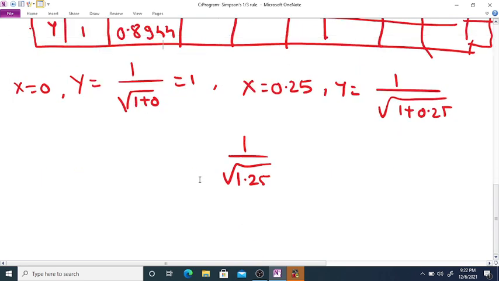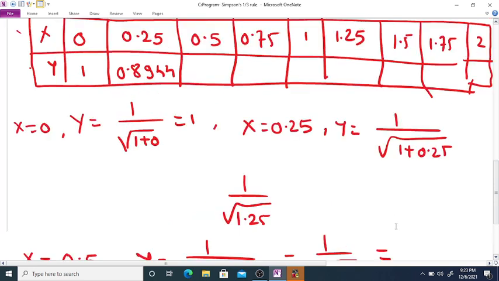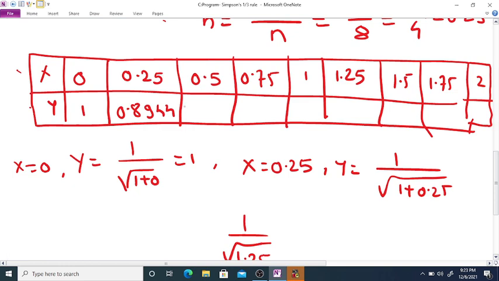Similarly, for x is equal to 0.5, y is equal to 1 divided by under root of 1 plus 0.5 is equal to 1 divided by under root of 1.5 is equal to 0.8165.